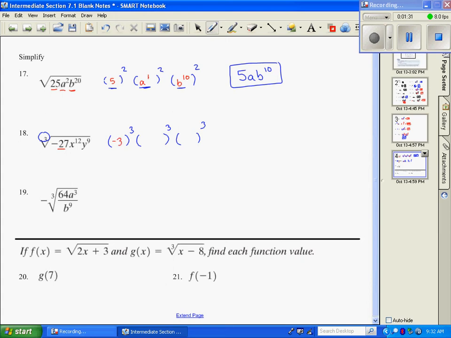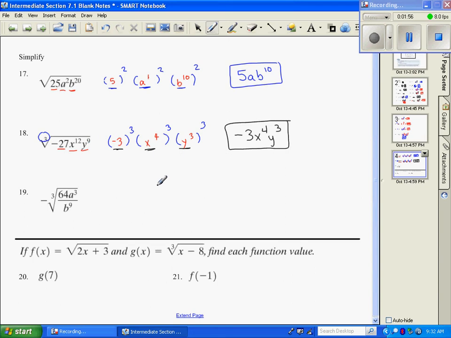The negative 3 to the 3rd power is negative 27. Okay, x 4 times 3 is 12. Y 3 times 3 is 9. So then my solution is going to be negative 3 x to the 4th y to the 3rd. If you cube this, you will get the radicand, which is this value right here.